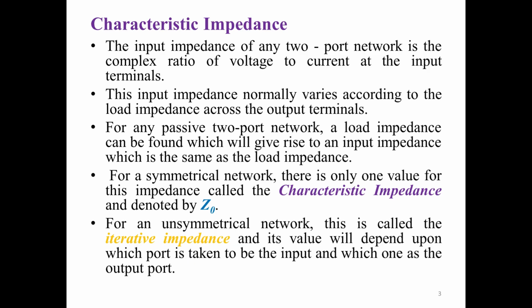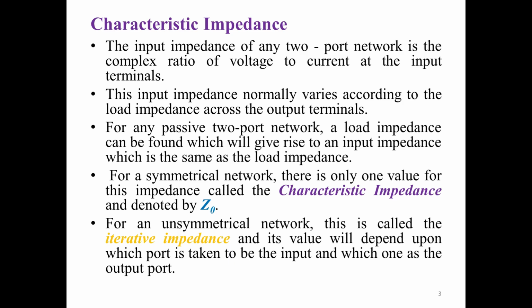The input impedance of any two-port network is the complex ratio of voltage to current at the input terminals. This input impedance normally varies according to the load impedance across the output terminals. For any passive two-port network, a load impedance can be found which will give rise to an input impedance which is the same as the load impedance.